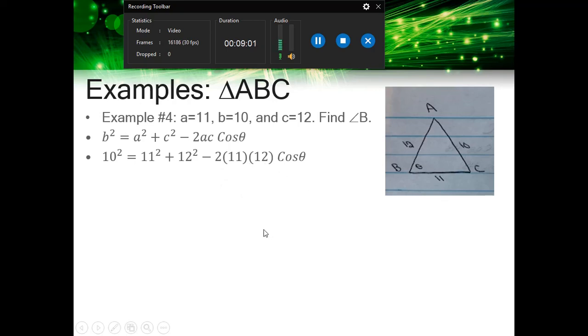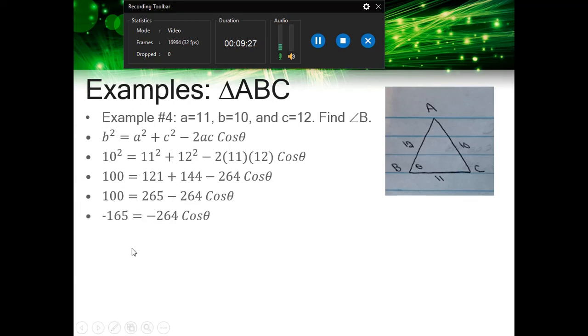So I'm going to look at each piece and square and multiply. 2 times 11 times 12 gave me 264. And again, the negative 264 is being multiplied by cosine of theta. That has to stay together till the very last step. So I'm going to add my 121 and 144. We will get 265, and then I'm going to subtract 265 from each side.